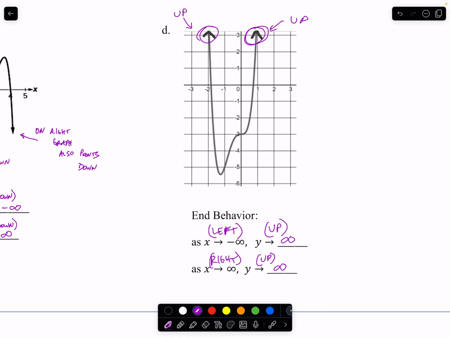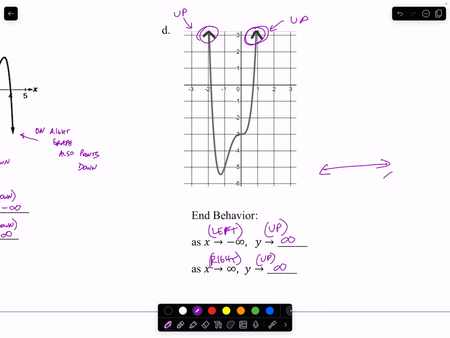So notice that left is negative infinity, right is positive infinity. Up is positive infinity. So when you have positive infinity, what determines if it goes right or if it goes up? Because both of those things are positive infinity. It's if you have the x or the y. If it's y positive, it goes up. If x is positive, it goes right. Again, just think of your axes.